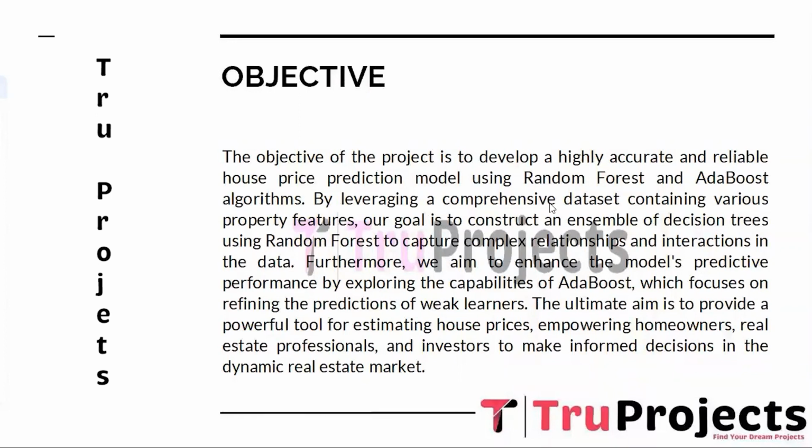Additionally, we seek to improve the model's predictive capability by exploring AdaBoost, which enhances the prediction of weaker learners. Ultimately, our goal is to furnish a robust tool for estimating house price, empowering homeowners, real estate professionals, and investors to make well-informed decisions in the ever-evolving real estate market.